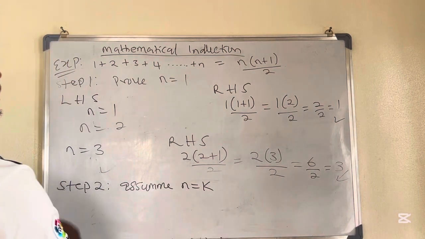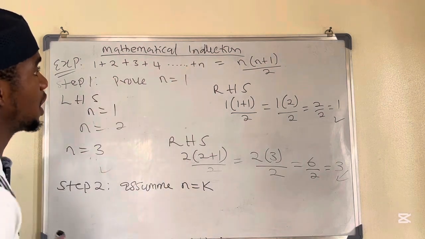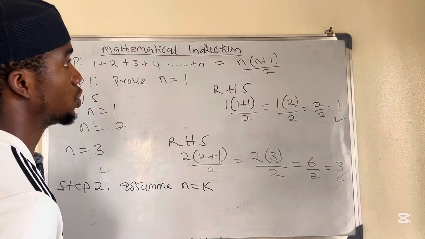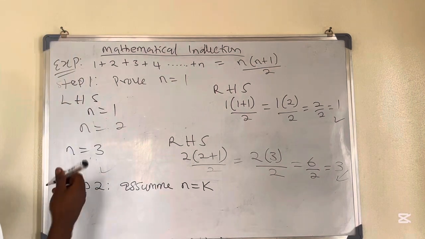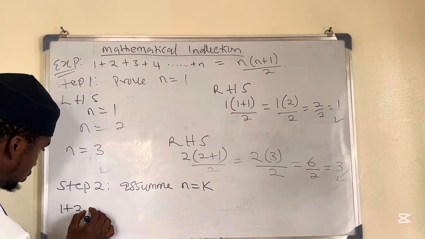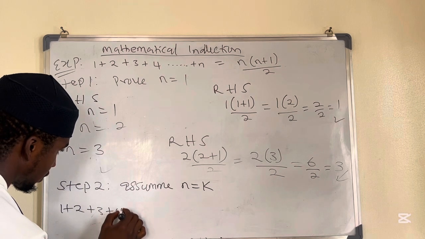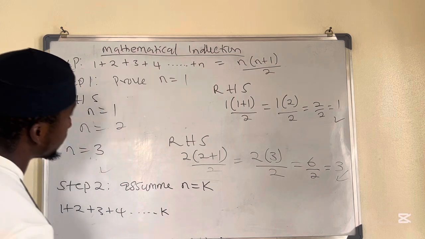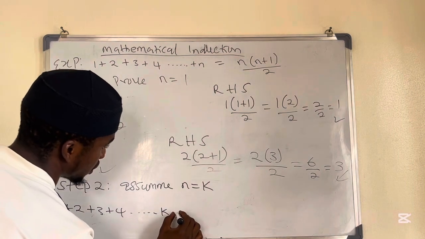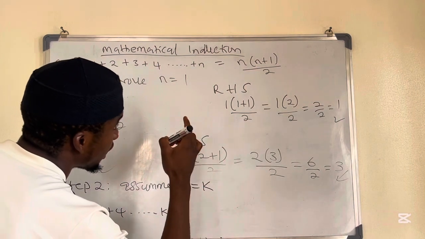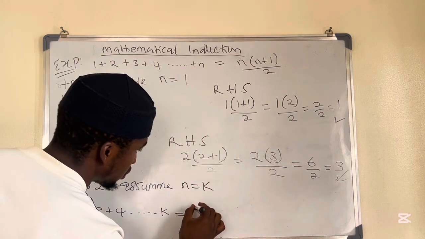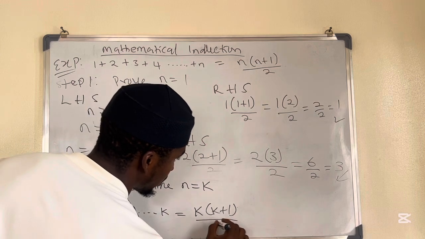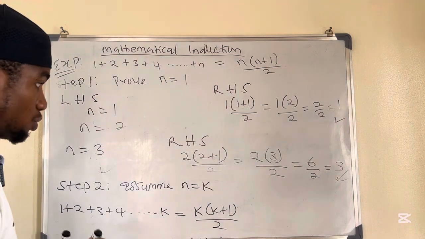Now in our equation, anywhere we see n, we're just substituting, interchanging the value of n to be equal to k. So we have 1 plus 2 plus 3 plus 4 down to the k-th term, which is equal to k into k plus 1 all over 2.